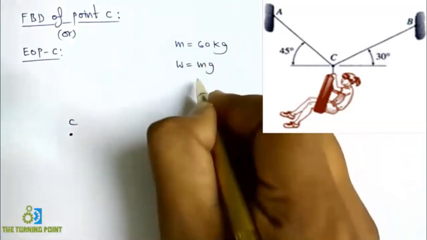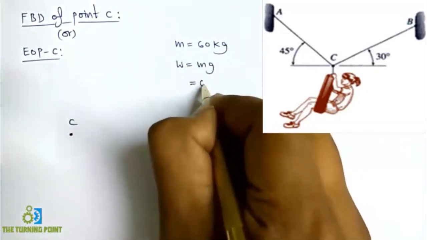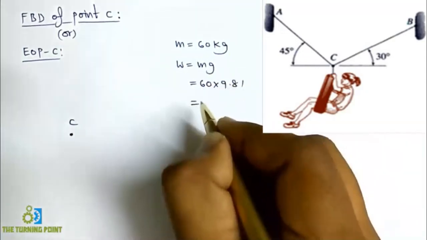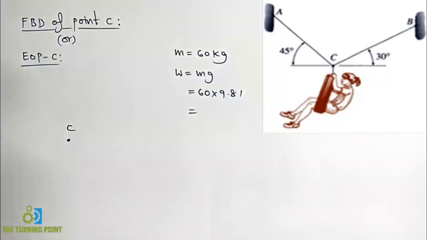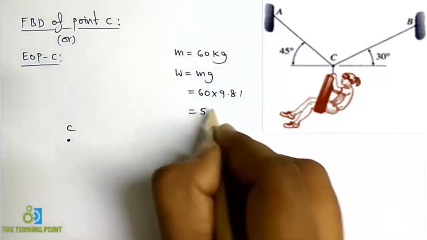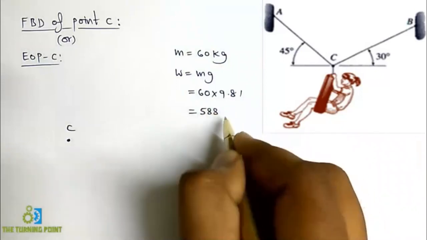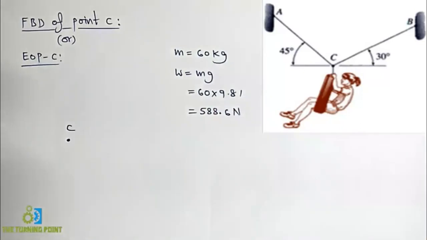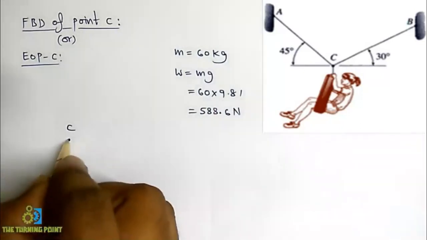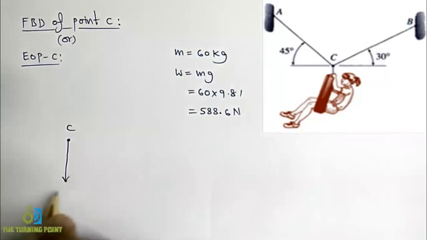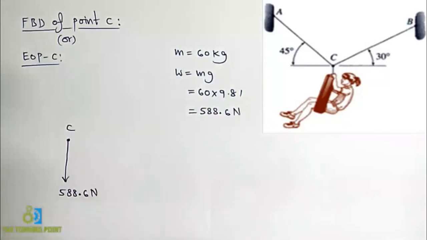W equal to mg, which is nothing but 60 into 9.81, which is equal to 588.6 newtons. So this is the weight. That is acting vertically downwards from point C as shown, 588.6 newtons.